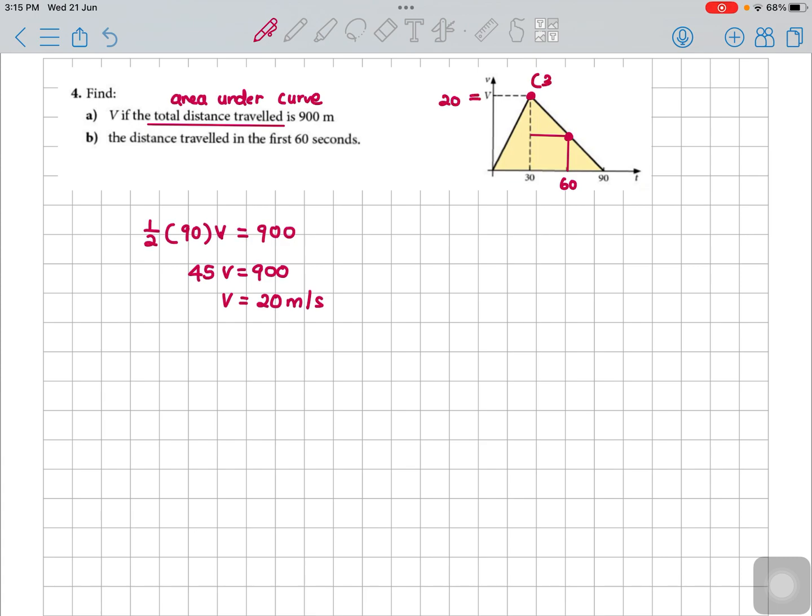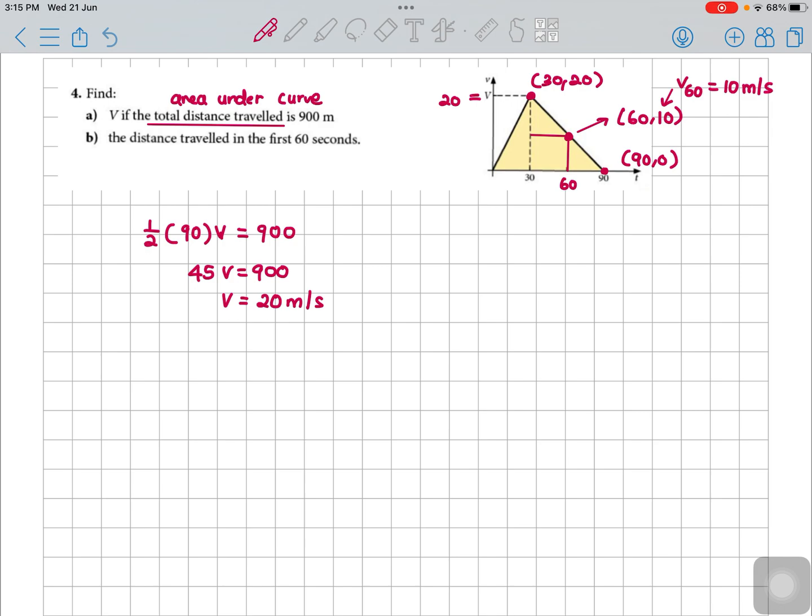So this coordinate is actually 30, 20, and this coordinate here is actually 90 and 0. So what is the midpoint? It is 60 and 10. So this is the V value that you are interested in. The V when the time is equal to 60 is equal to 10 meters per second.